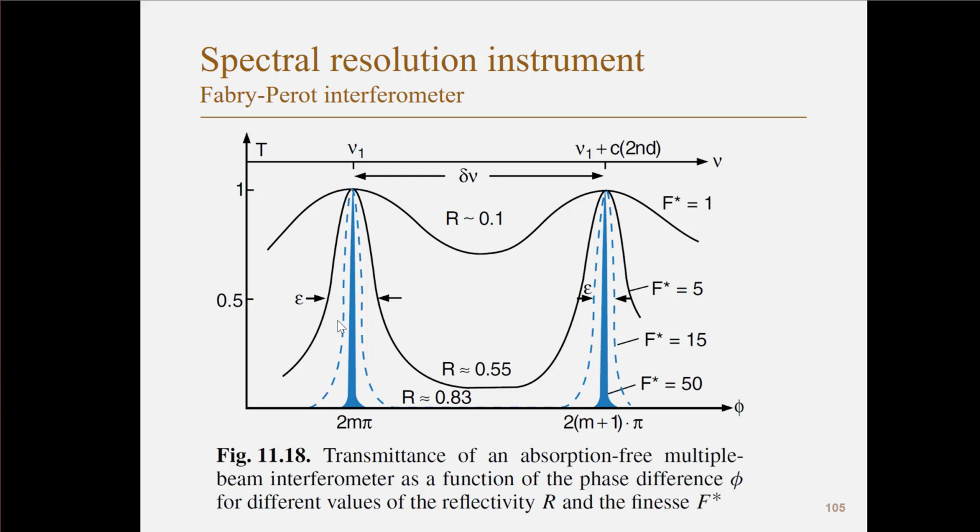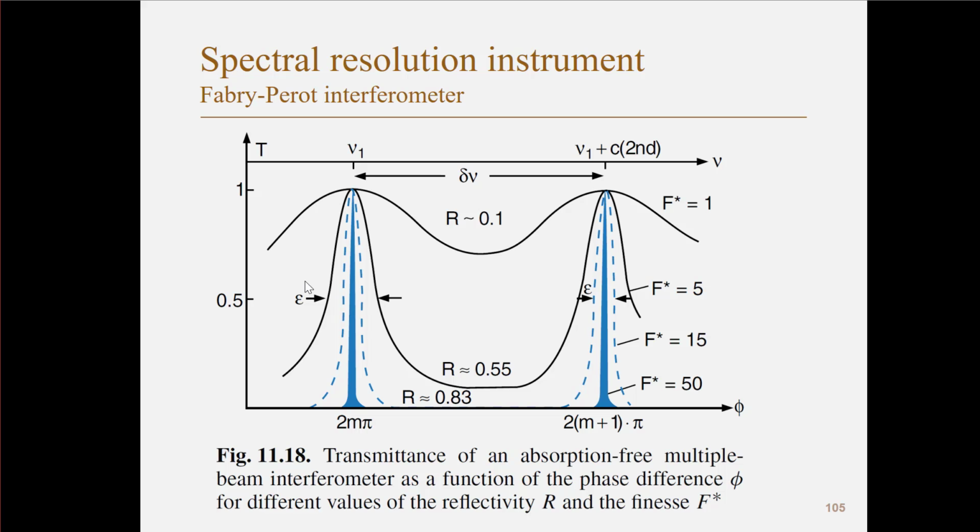And when we increase the reflectivity, that means that the light which gets coupled into the cavity stays inside the cavity much longer, and we can compare light which was introduced to the cavity much earlier to light which is introduced at a later point. And these peaks become more and more narrow until they can become very, very narrow. How the distance between the peaks compares to how wide the peaks are is called the finesse of the Fabry-Perot cavity.